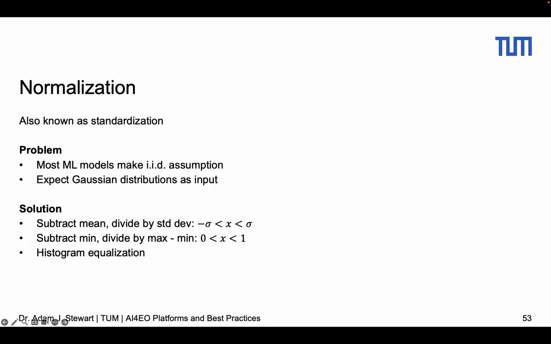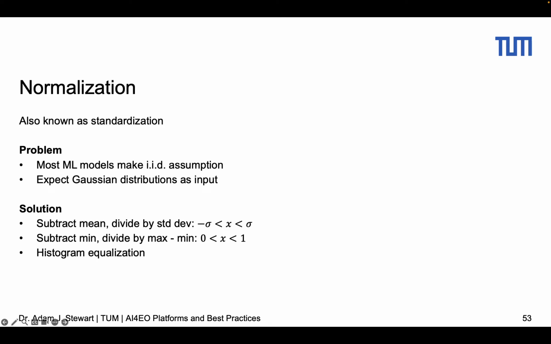Probably the most common, especially historically, was the first one, where if I take my data and I subtract the mean and I divide by the standard deviation, the result is that all of my numbers will have 0 mean, centered at 0, and have approximately 1 standard deviation, positive and negative. And this is really useful because now my data looks closer to a Gaussian. It's not all really large values.